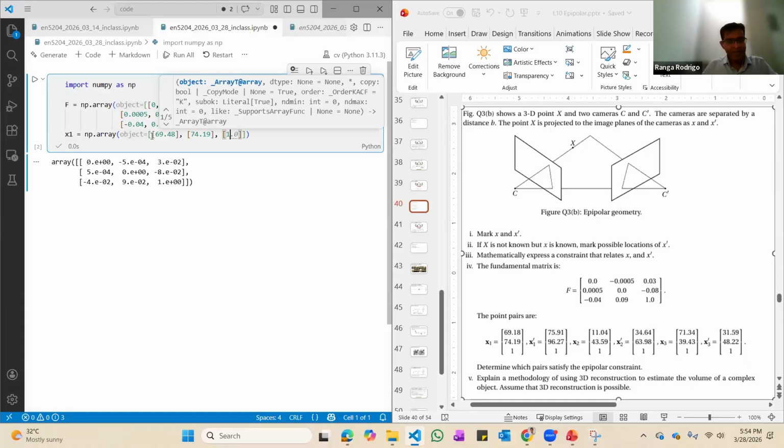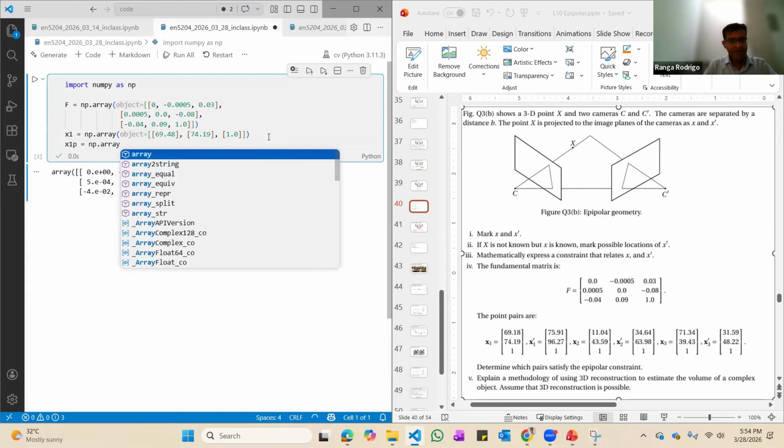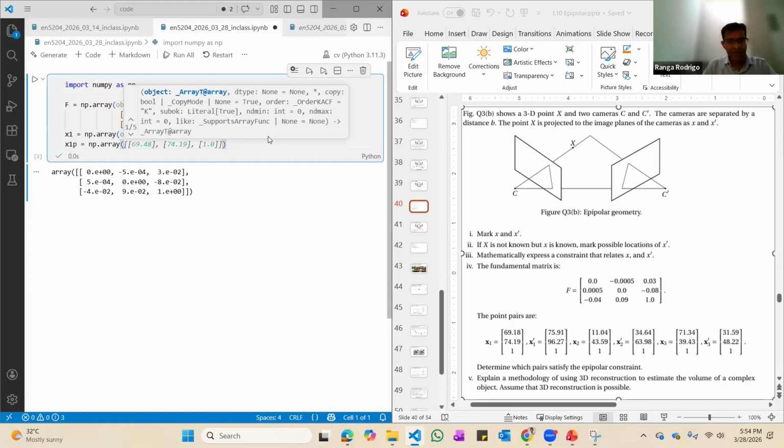Okay. That's fine. That's the first point, x1. Then x1 prime equals np dot array 75.91, 96.27, 1. Okay, that is it.